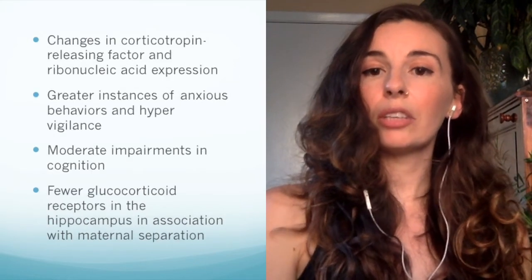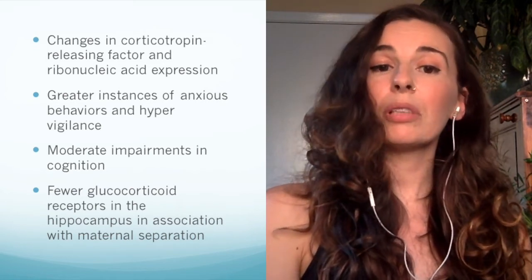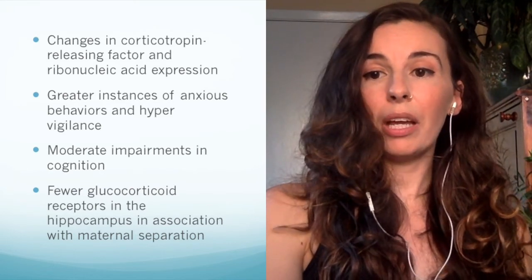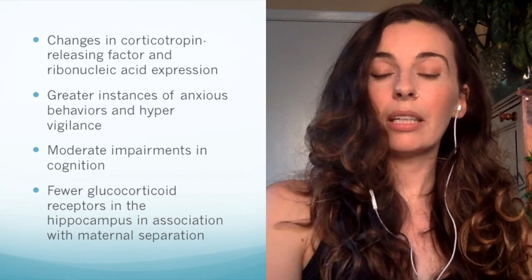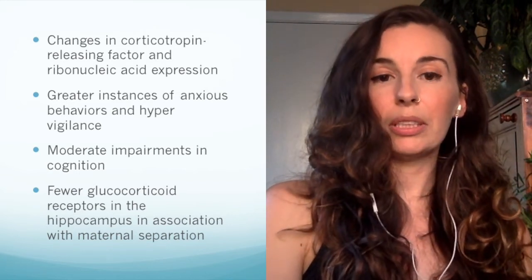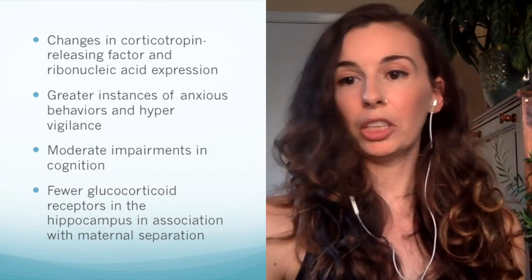Researchers have also found changes in corticotropin-releasing factor ribonucleic acid expression, greater instances of anxious behaviors and hypervigilance, moderate impairments in cognition, and fewer glucocorticoid receptors in the hippocampus in association with maternal separation.